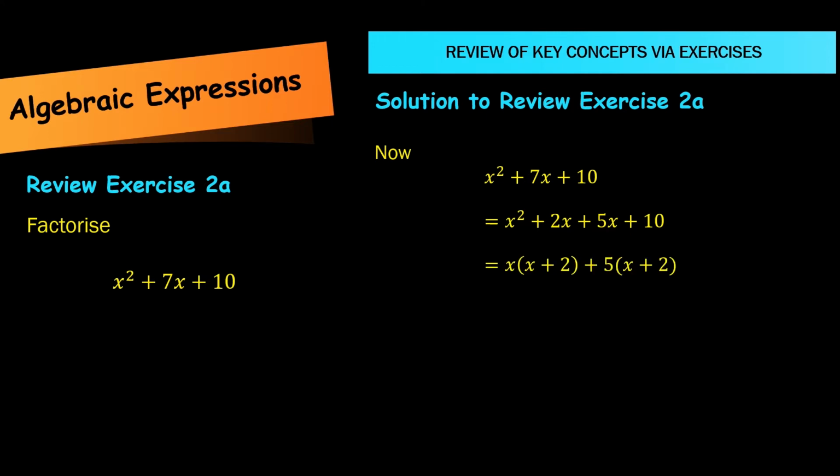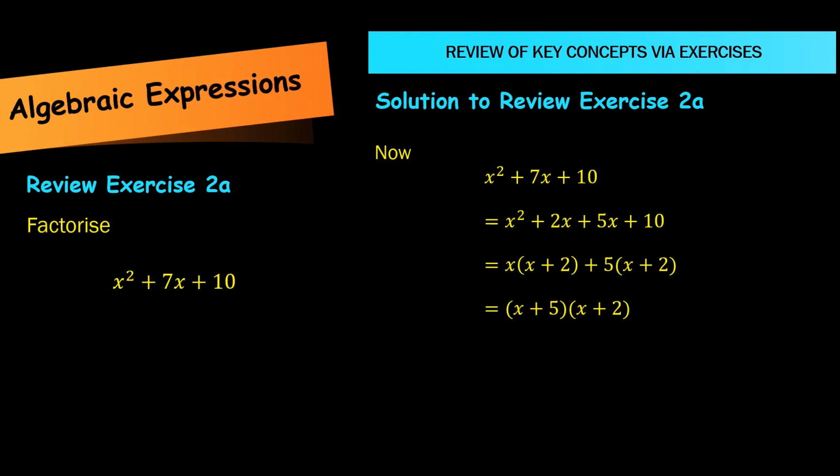This allows us to take x plus 2 out as a common factor for the first two terms and for the last two terms. So as you can see, the two lines are equal. We have x squared, 2x, 5x, and 10. And now we can take out x plus 2 as a common factor for both terms, and x plus 5 is the other factor. So our quadratic has been factorised.